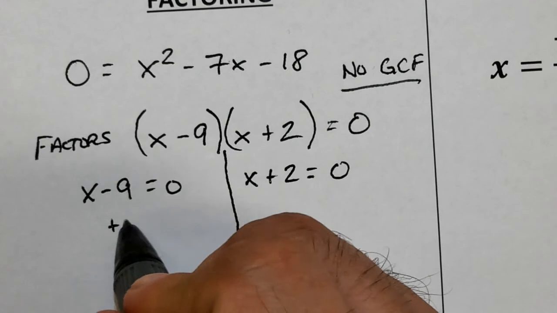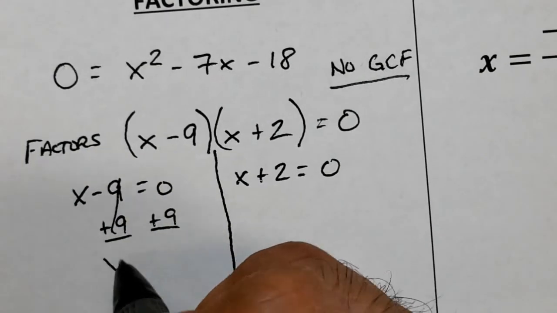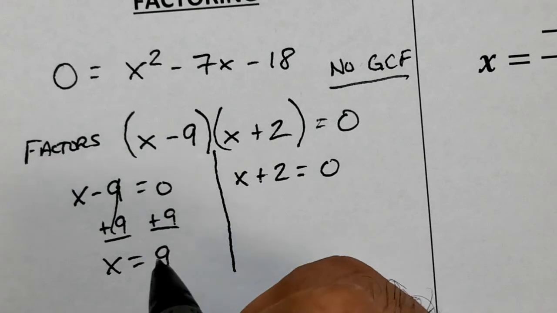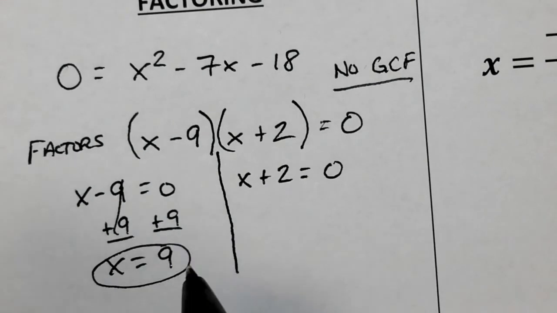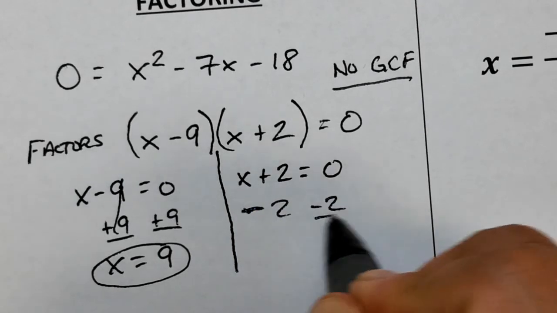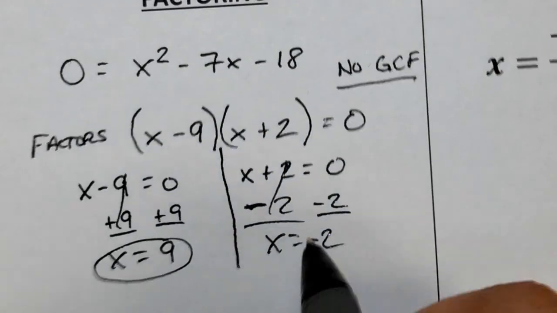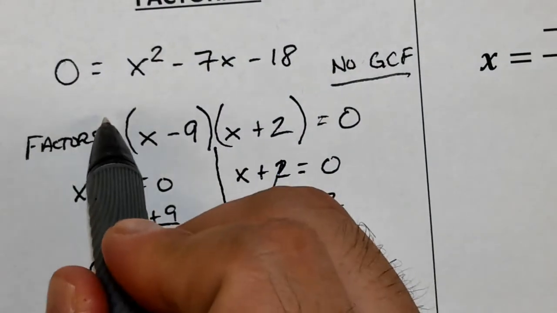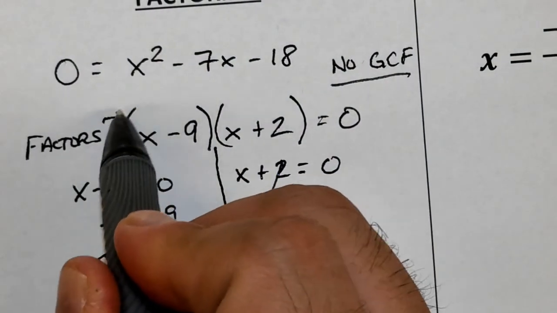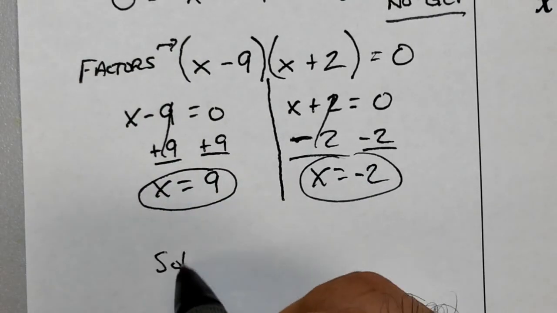So I'm going to solve for x. Add 9 to both sides, and you get x equals 9. Okay, that's one solution. Then you do the other side, where you subtract 2 from both sides, and you get x equals negative 2. While these are your factors, these are your solutions.